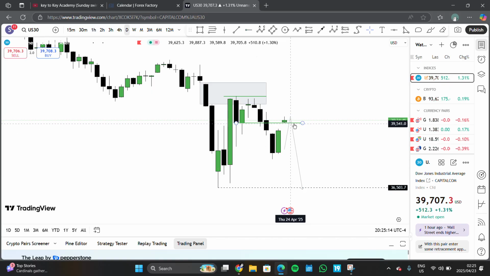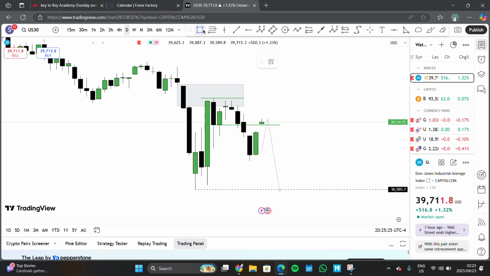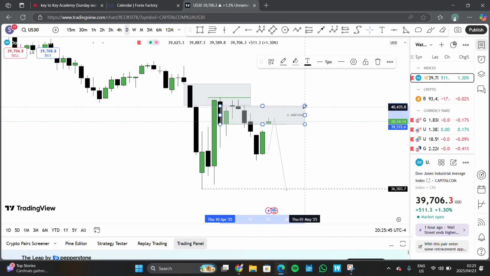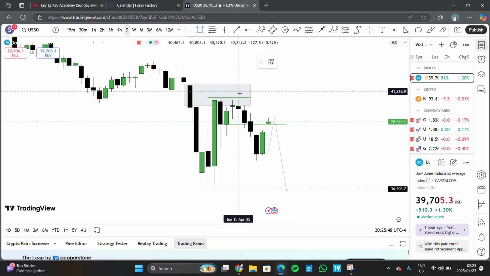Within this possible lower high, which is inside this order block, this is the order block that I'm locating. Inside this order block, we need to see some break of structure to the downside for price to tell us that it is ready to go to the downside. That would be very good for us to consider looking for a trade.